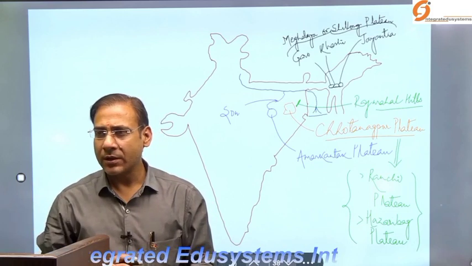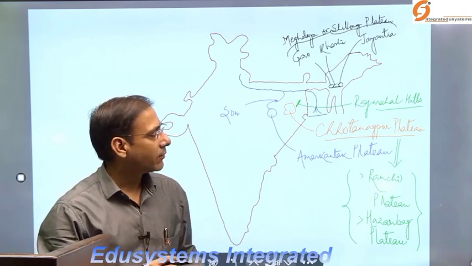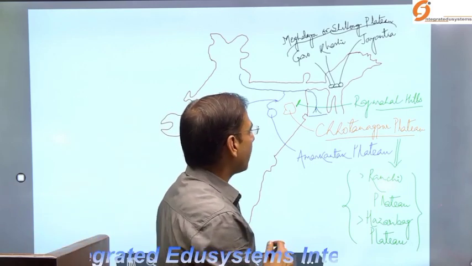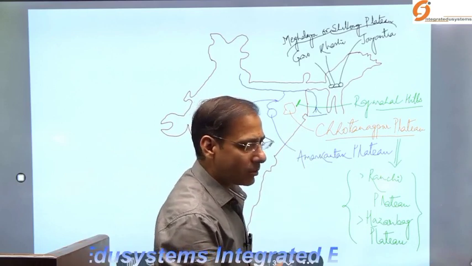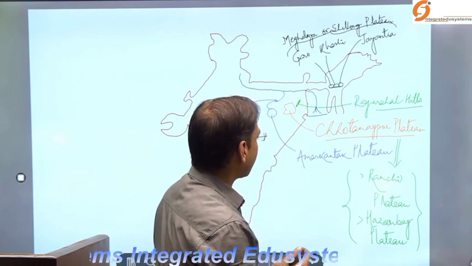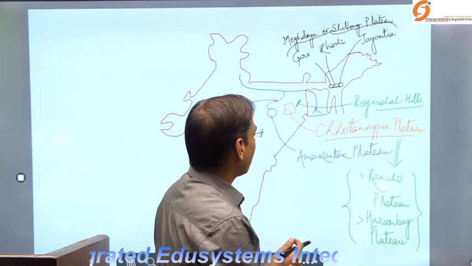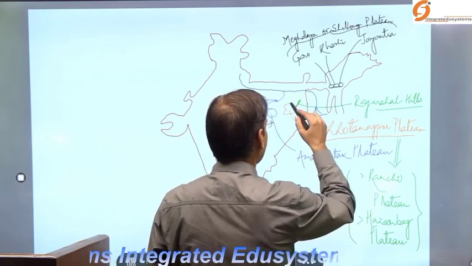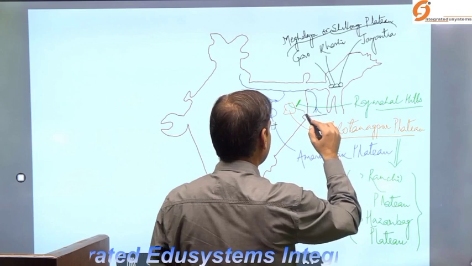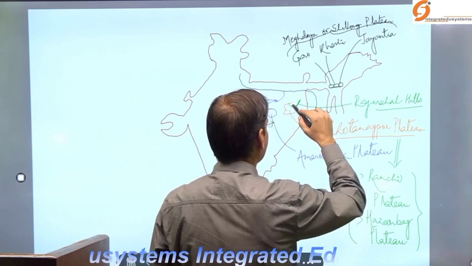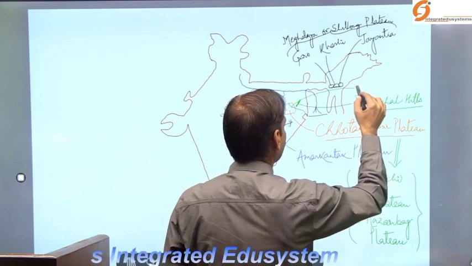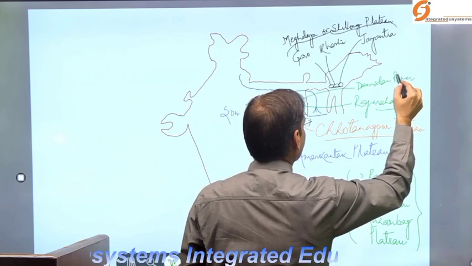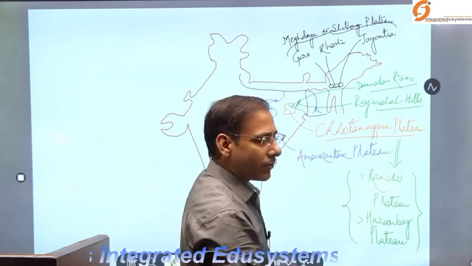Now another very vital river in this is the Damodar river, which is flowing here. And as you know, the Damodar is draining into the Bay of Bengal, dissecting the Chota Nagpur Plateau. So when you look at the flow of Damodar, the Damodar is flowing in the Rift Valley.